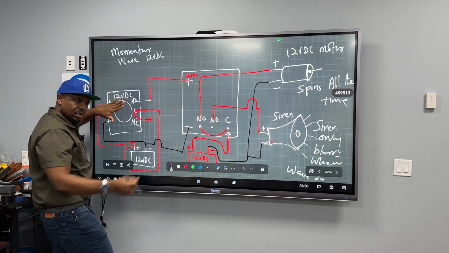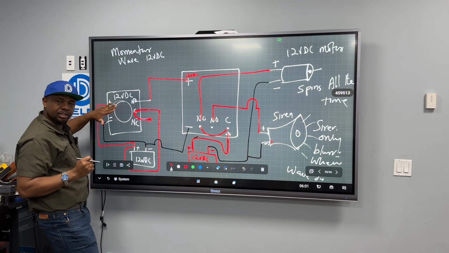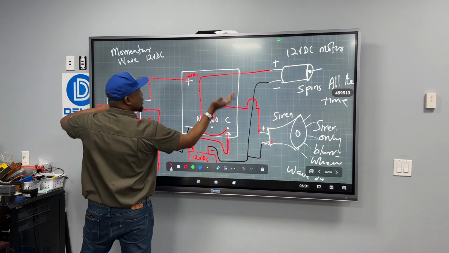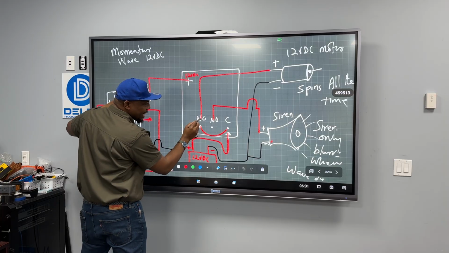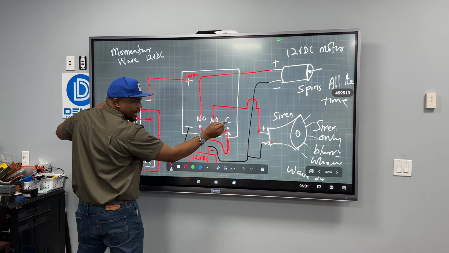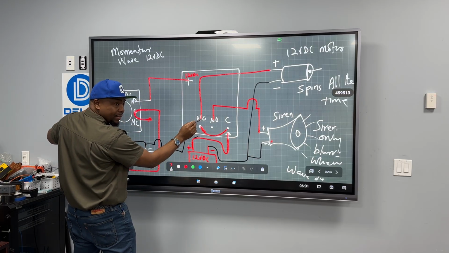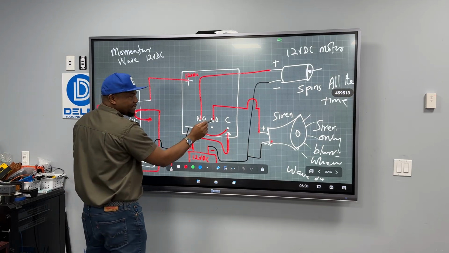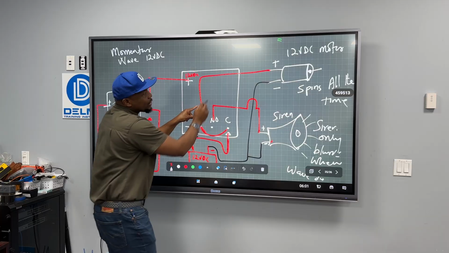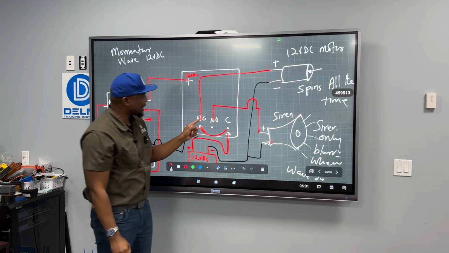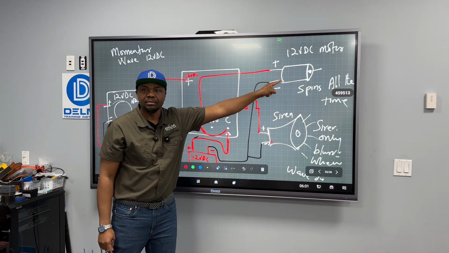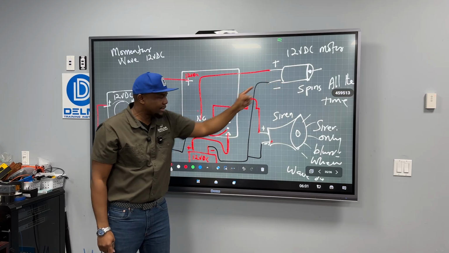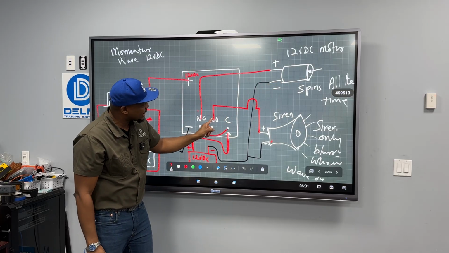So I've told the man to pull that trigger here. So that arm, he's pulled it away. And now that electricity that I put in here on the common that was showing up at normally closed, it's now going to show up on normally open. And if that shows up here, what is going to happen to this motor? I've taken the power away from the motor. The motor is going to stop spinning, but I've brought that 12 volts to the siren.